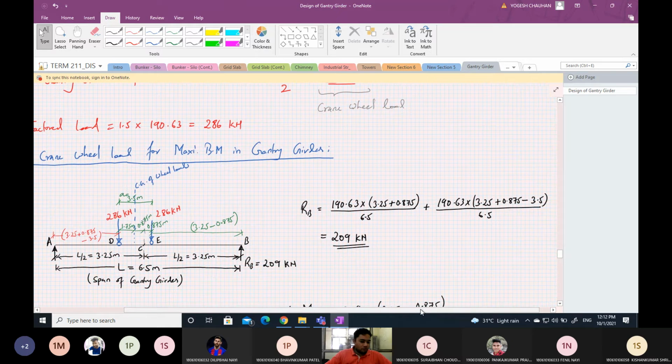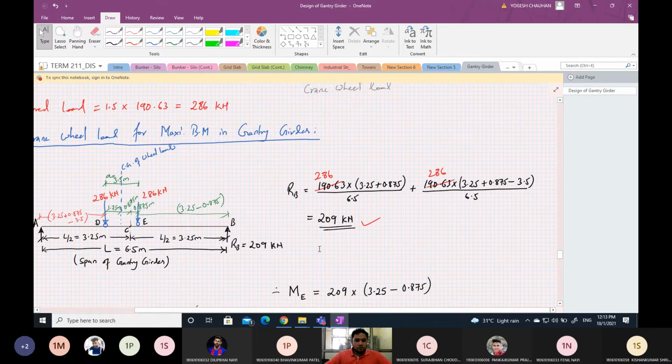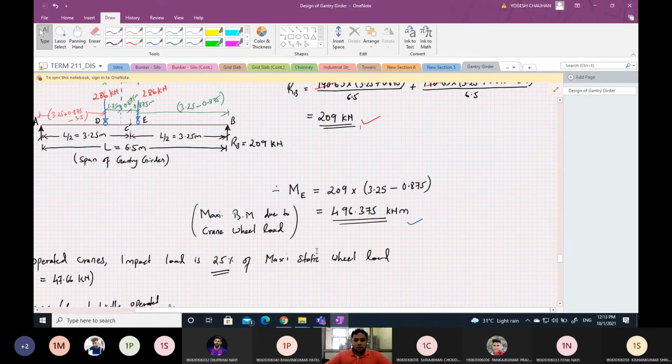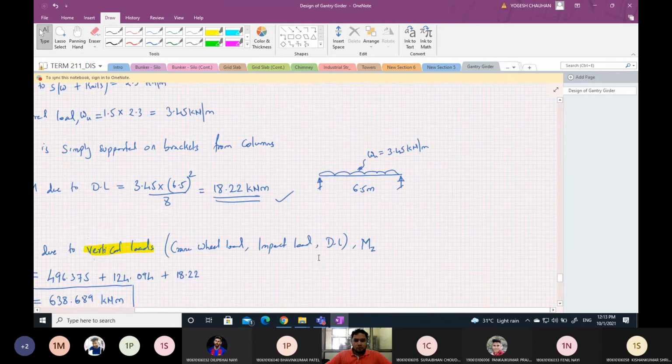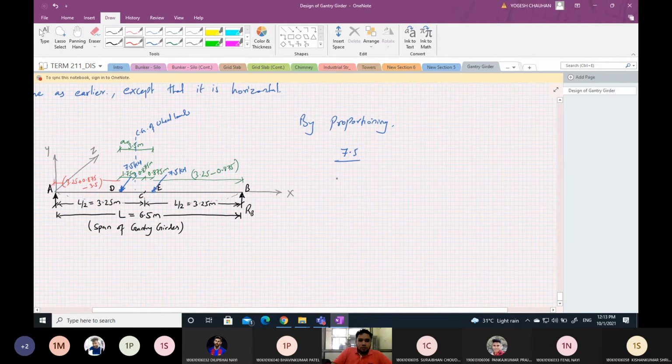If you work out, this will be 286, 286. The reaction will be the same, that you can verify here. So the earlier load was 286. Okay.